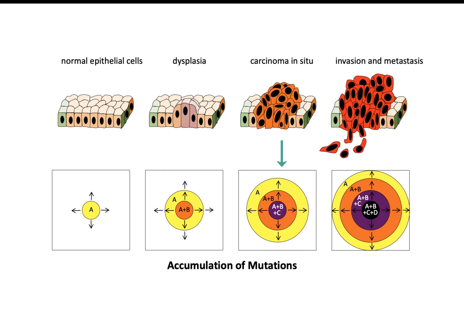So now you have cells with 3 mutations in the center, a ring around that with 2 mutations, a ring around that with 1 mutation. And then this continues until you get more and more mutant cells and more mutations in that central group.